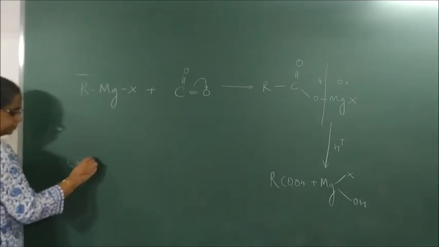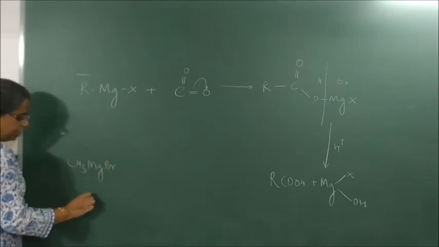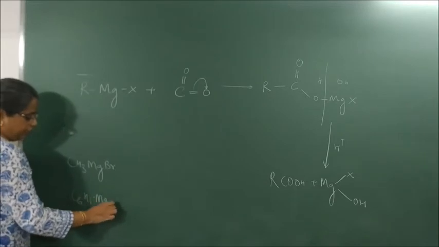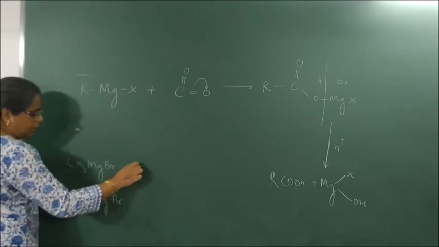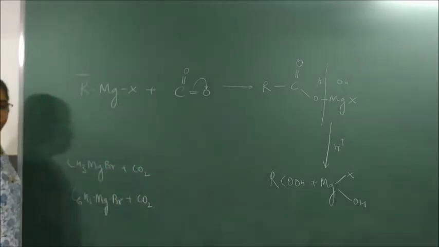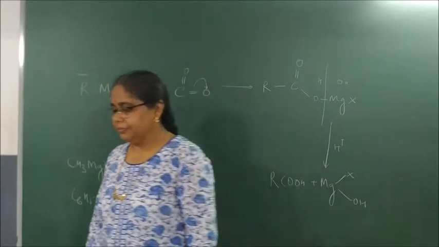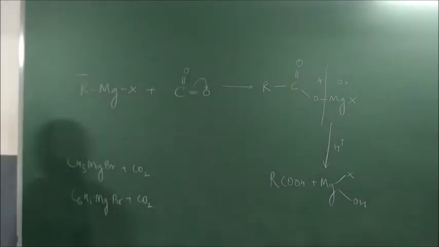So now you react this with CH3MgBr with carbon dioxide, and you react C6H5MgBr with carbon dioxide. Do both the reactions with carbon dioxide. Understand the mechanism, how it works with C, and then do it.